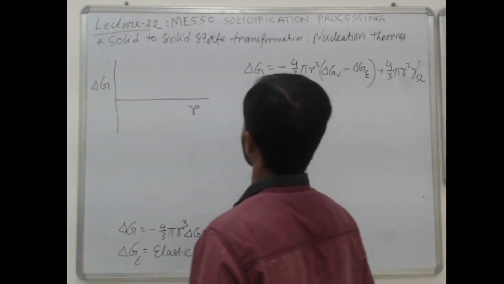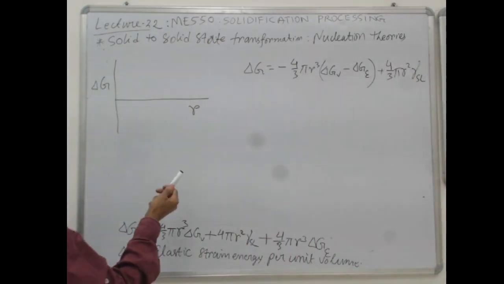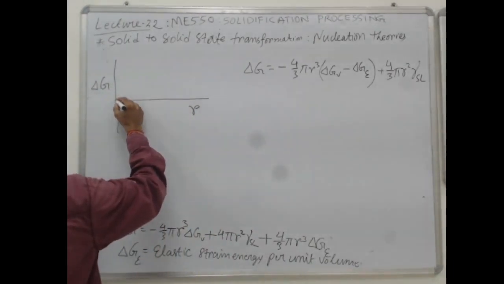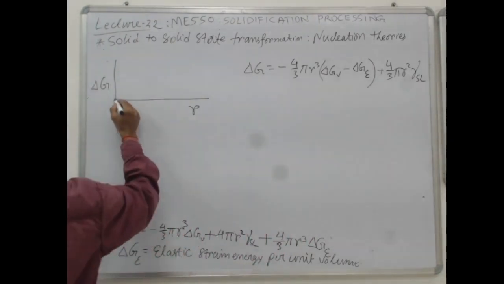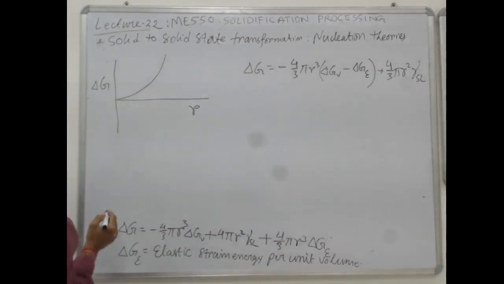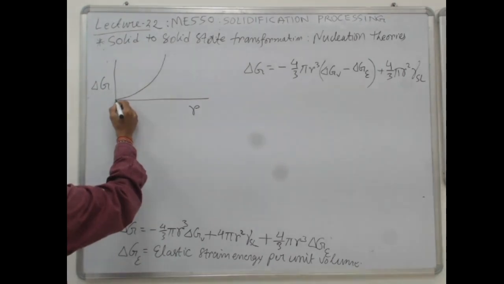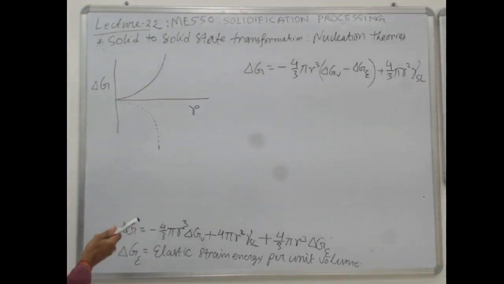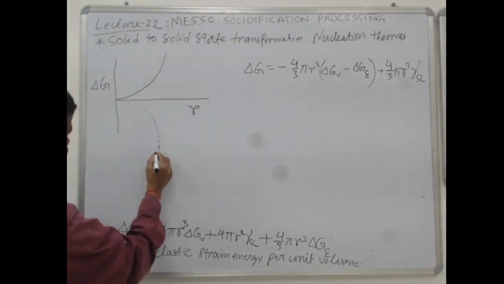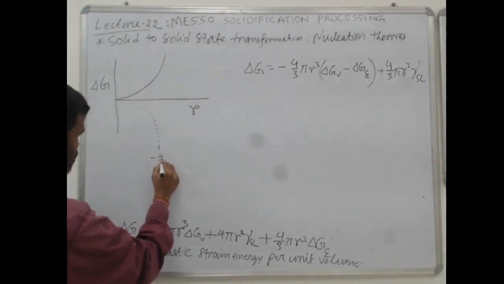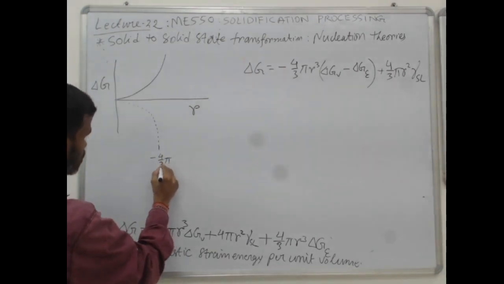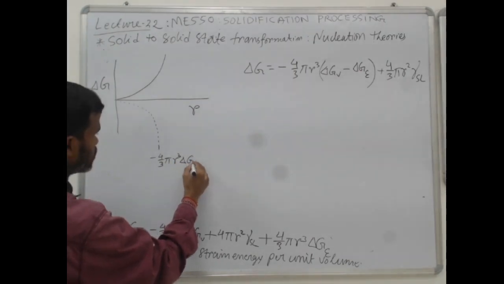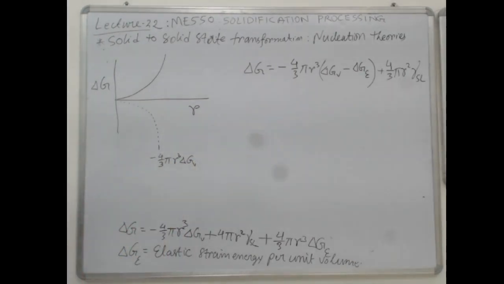So this is a volumetric term, and this is a square term, which will vary like what we discussed earlier. But suppose this variation is only the minus 4 by 3 pi r cube delta G V.